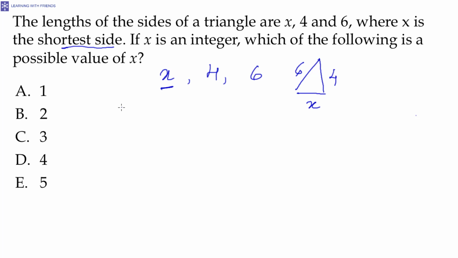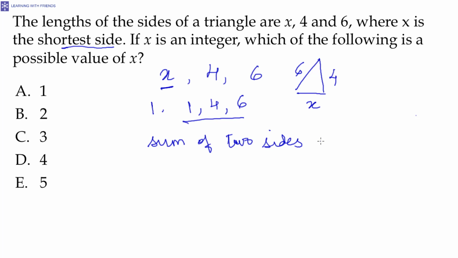Let's look at the first option, option A, which is 1. So if 1, 4 and 6 were the possible values, now such a triangle with the values of 1, 4 and 6 cannot exist, because there is a triangle property that says that the sum of any two sides of a triangle should be greater than the third side.